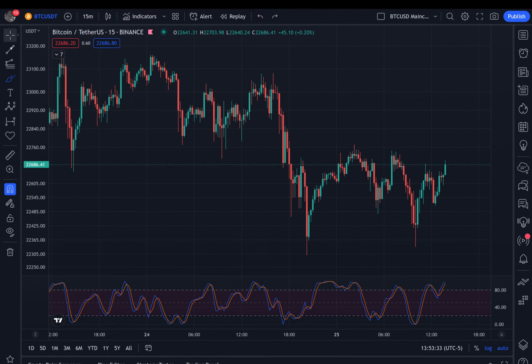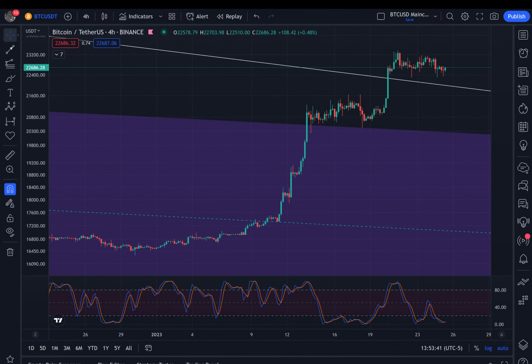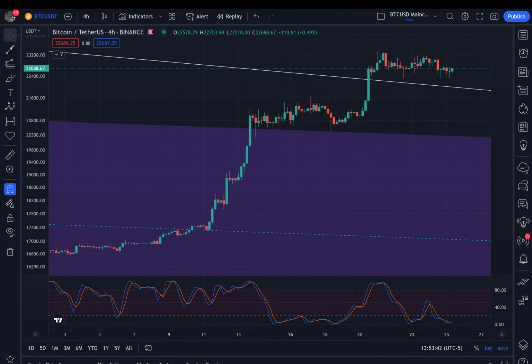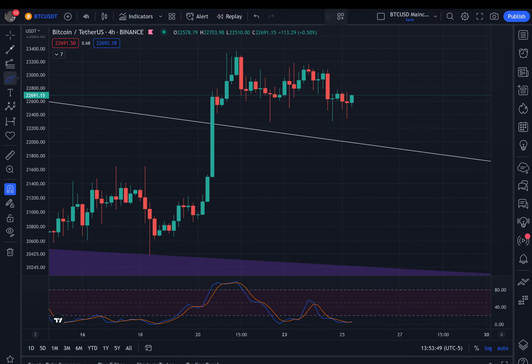So on the small time frames, I think we're done. I think we're going to continue that trend to the upside. And you should be able to see this throughout the market, because the market is conjoined. Everything's dancing to the same tune.